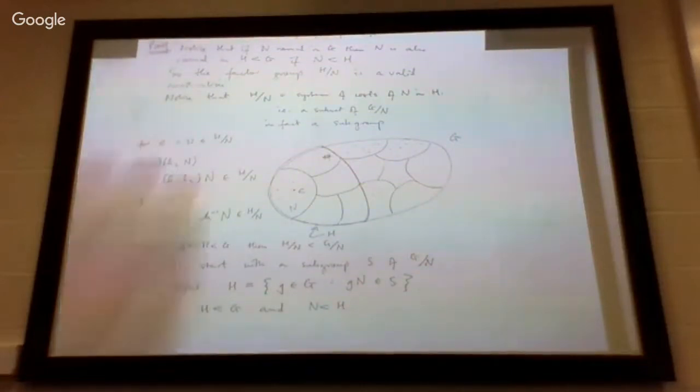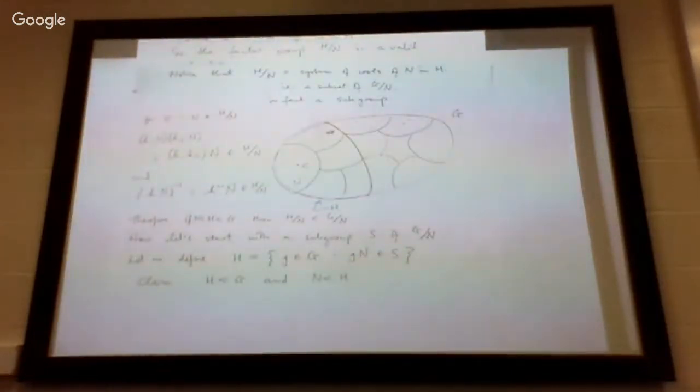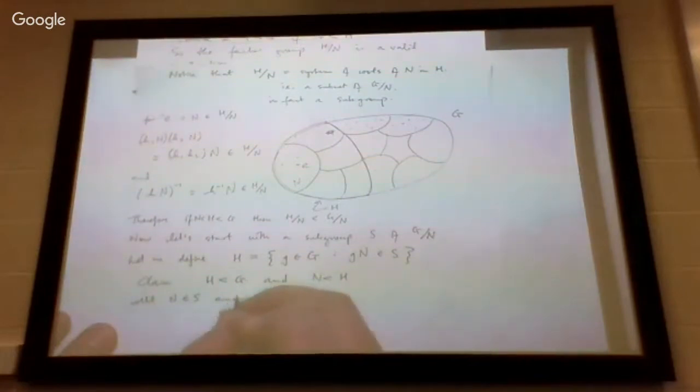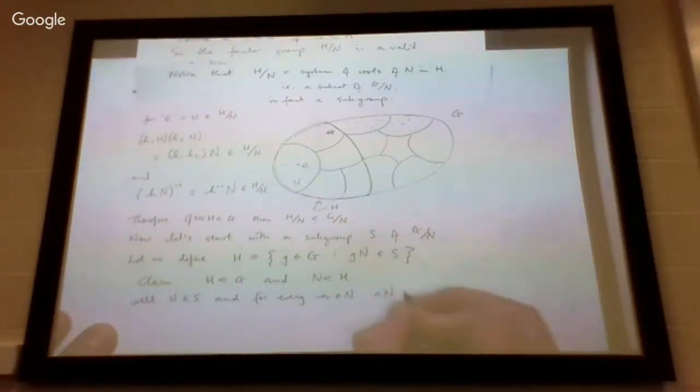Okay. So these things fall out. First of all, does it contain N? Well, you see, N is definitely an element of S. And for every little n in N, that can be used as the representative of the coset.